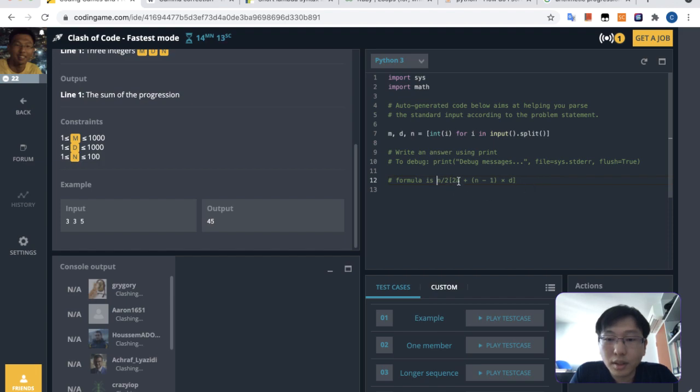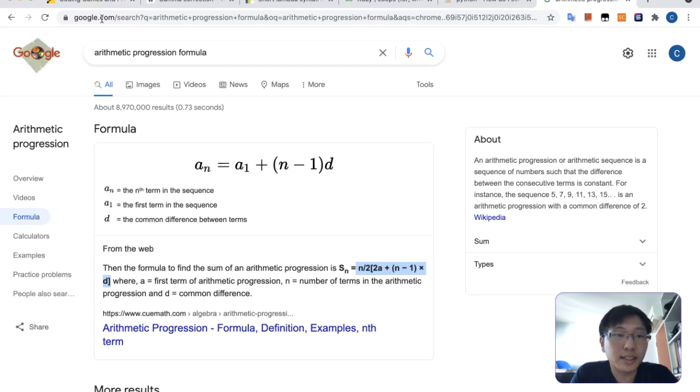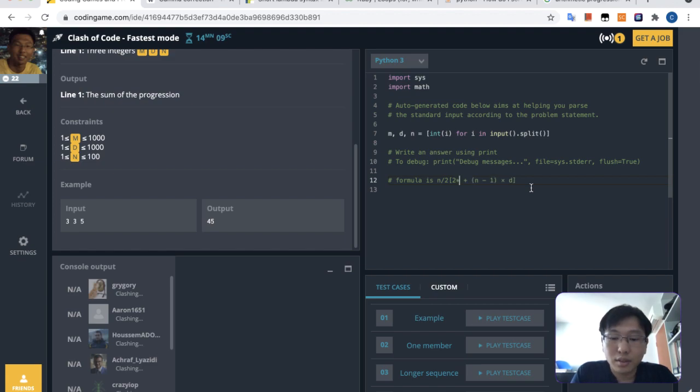Okay, so a is the starting term. So let's just print out the formula.